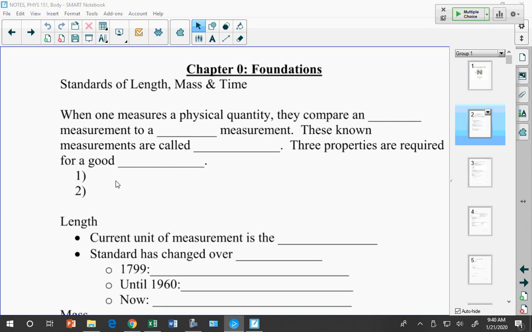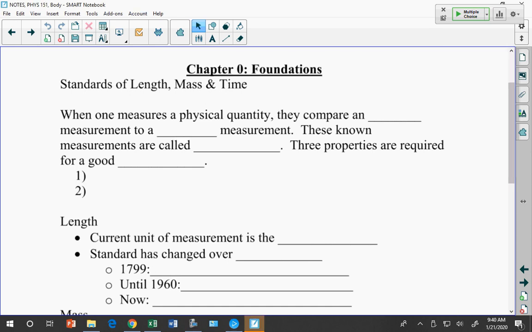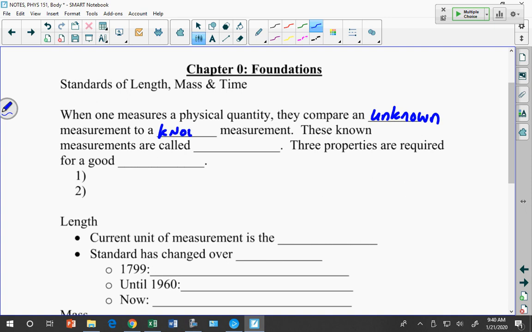So whenever you measure a physical quantity, you're always comparing an unknown measurement to a known measurement. If you think about it, anytime you make a measurement, you're comparing an unknown thing to a known thing.